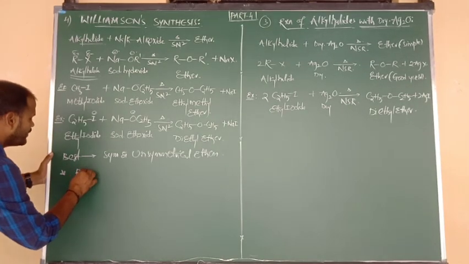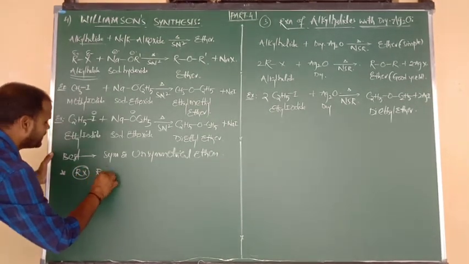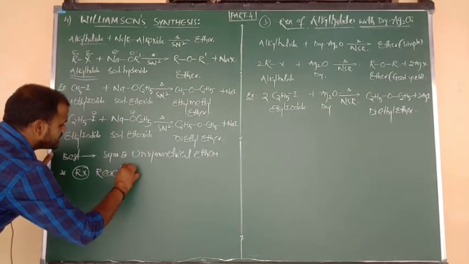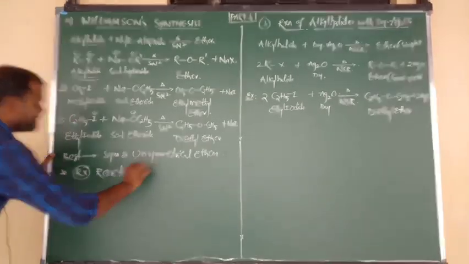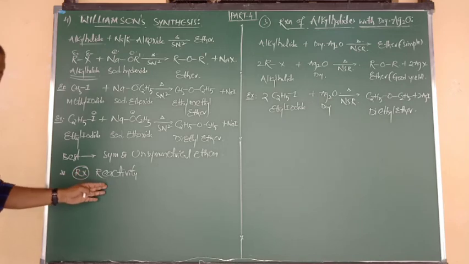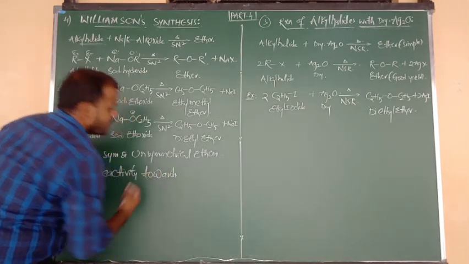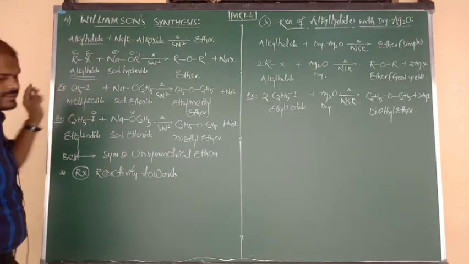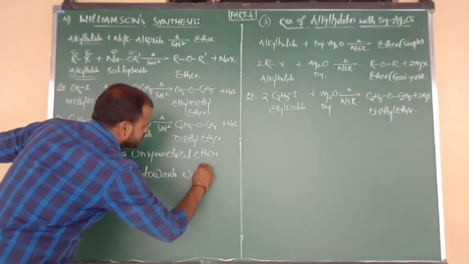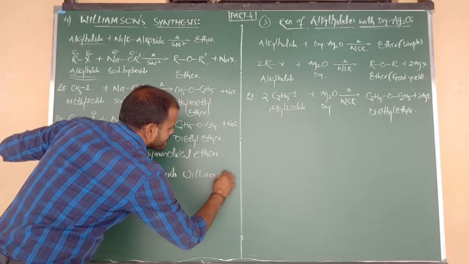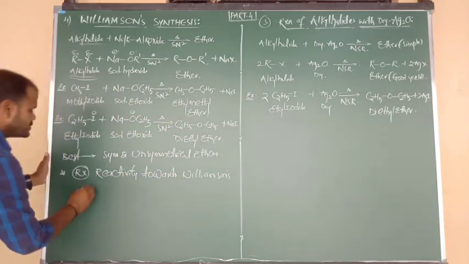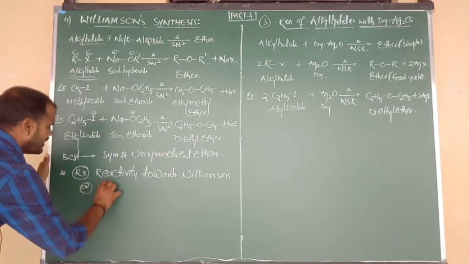This question was repeated many times. So here I am going to give you the RX reactivity. RX means alkyl halide. Alkyl halide reactivity towards Williamson's synthesis, and also towards SN2 reaction.